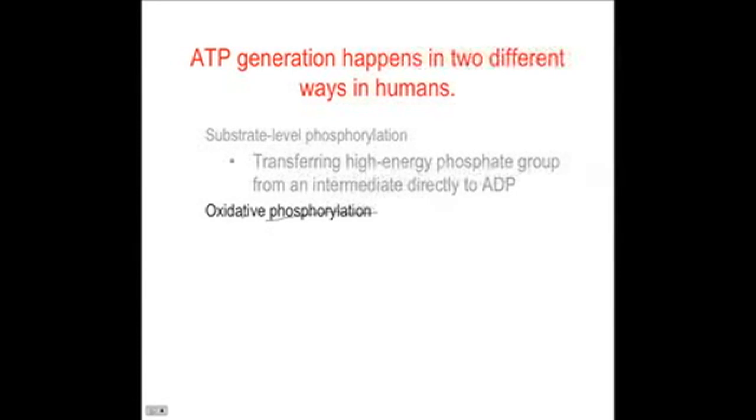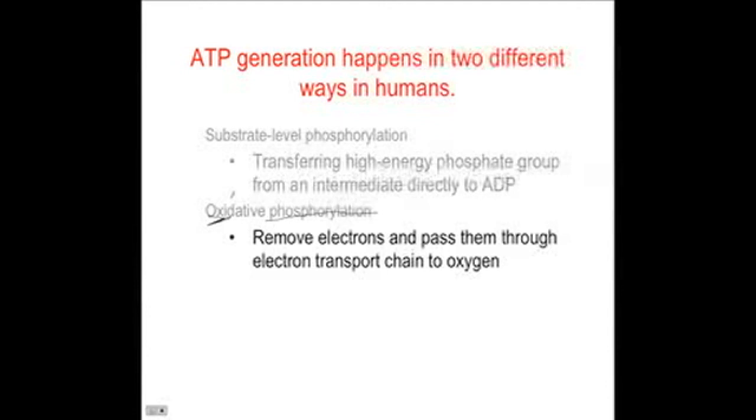Here, with oxidative phosphorylation, it occurs in the presence of oxygen. That's where we get oxidative. So what we do is we remove electrons from these energy molecules, the food that we eat, and they pass through an electron transport chain ultimately to oxygen.